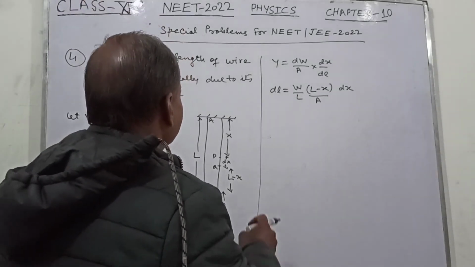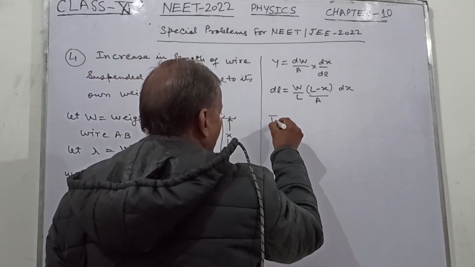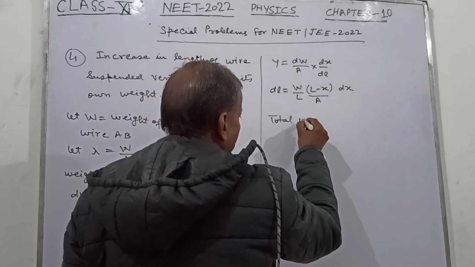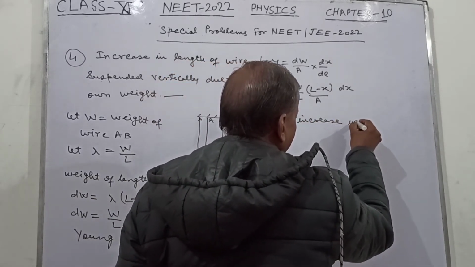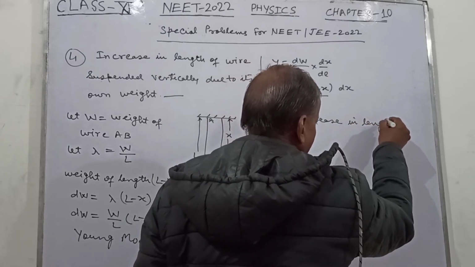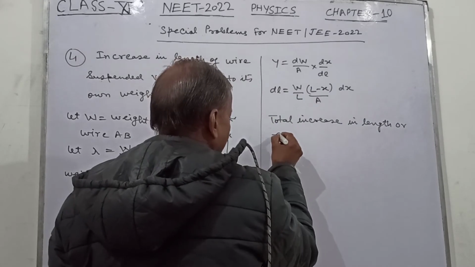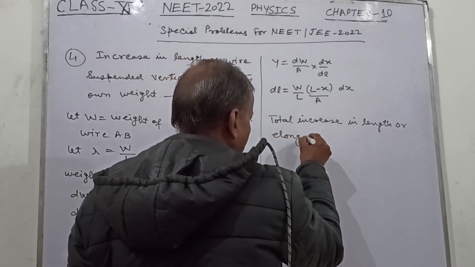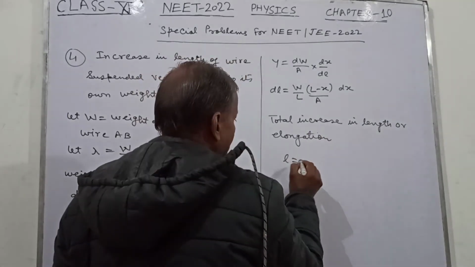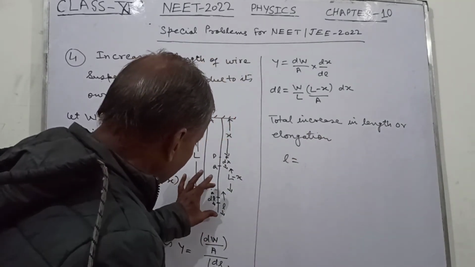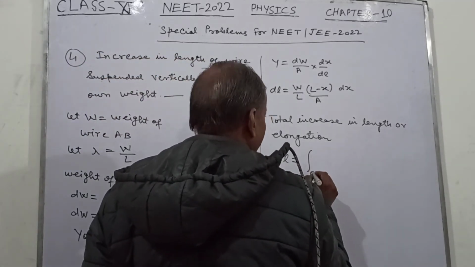So now how much will the total elongation be? Total increase in length, or elongation. This l is equal to, this we have to find, so much. Now this is integration.